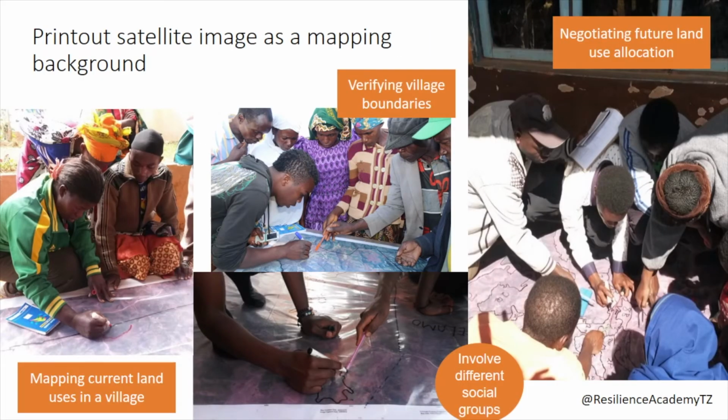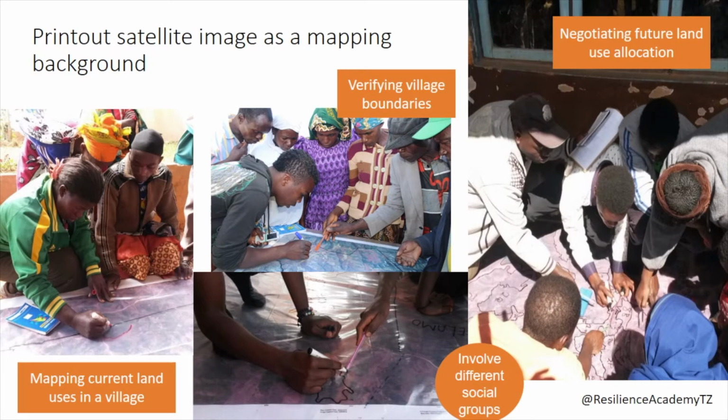The co-developed participatory mapping method is based on the use of printout satellite image of the village as a mapping background. The participants to the mapping exercises are selected by the village assembly, and they represent various social groups in the village. The method involves the following mapping exercises.